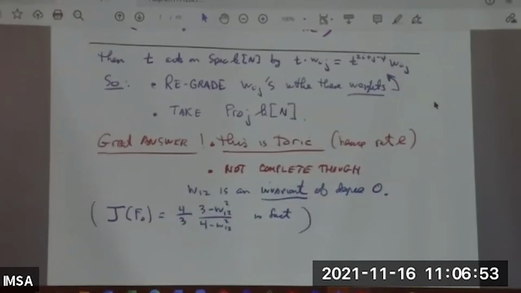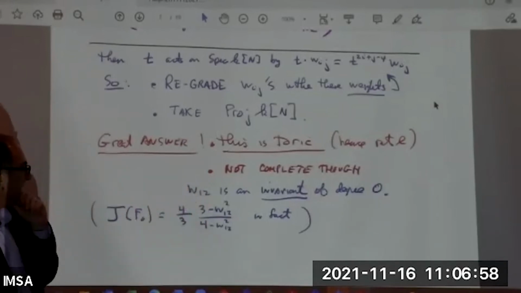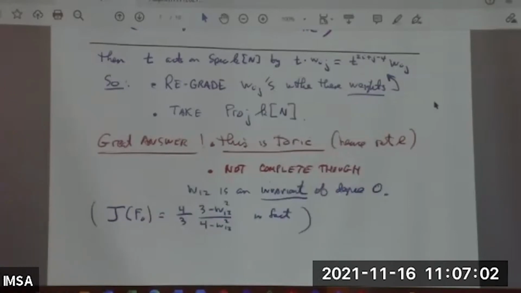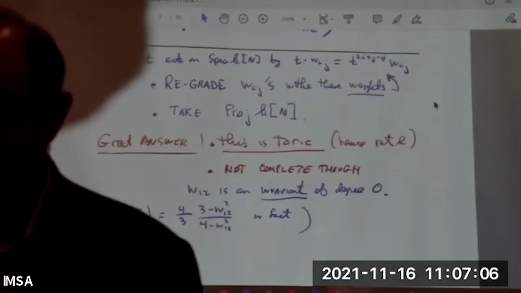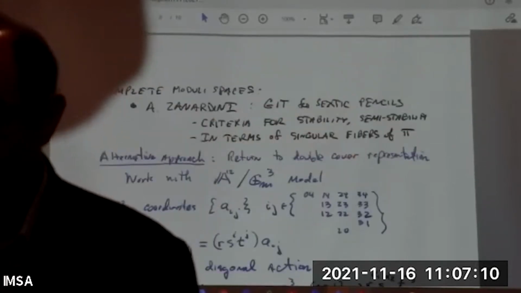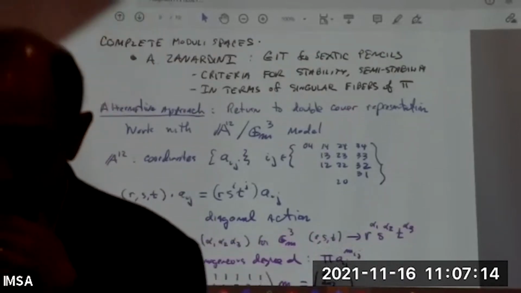This W12 is a nice invariant. It measures the J function for the double cover. Nice formula for it. It's a bit of a curiosity. All right, so now what about complete moduli spaces? So how do we complete this?